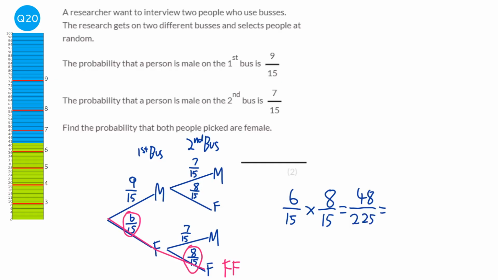Now you can actually cancel that down. So what you can do is divide top and bottom by 4. Is it 4? No. You can divide top and bottom by 3. And that would be 16 over 75. So either 48 over 225 or 16 over 75.